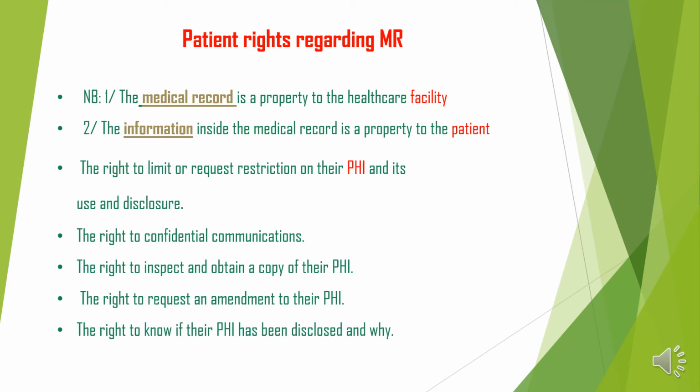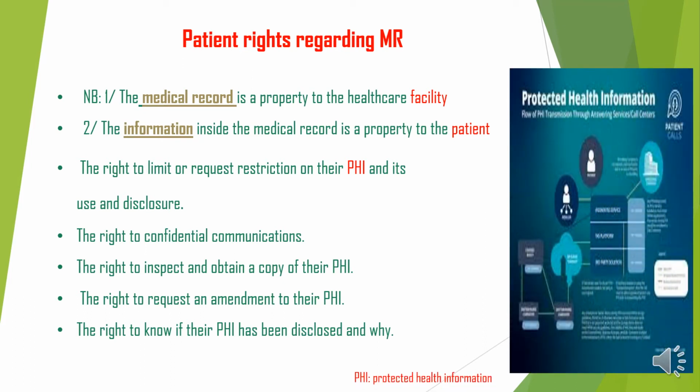He can tell you, do not allow anyone to go through my medical record, and the right to know if any information was disclosed to any facility or to anyone. So those are the patient's rights regarding his medical record. So what is PHI? We told you that it's the protected health information.